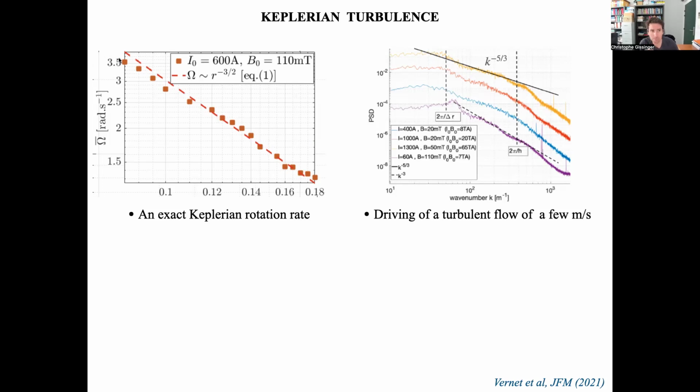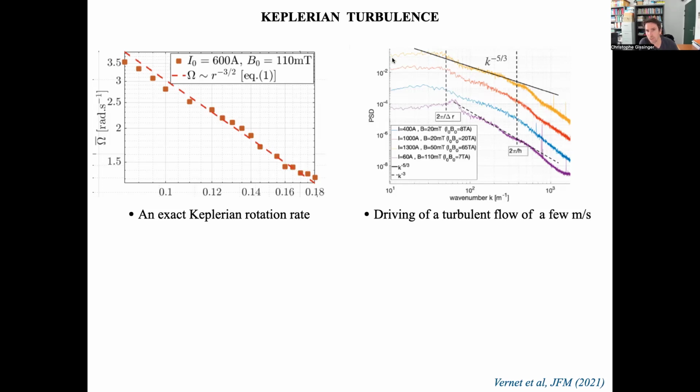I say on average because the flow is in fact strongly turbulent, strongly fluctuating, so you need to average during several minutes to get this velocity profile. The turbulence is illustrated by this second figure here. Just focus on the yellow curve; I won't describe the other regimes, but if you choose carefully the right value for the current and the magnetic field, you get that.